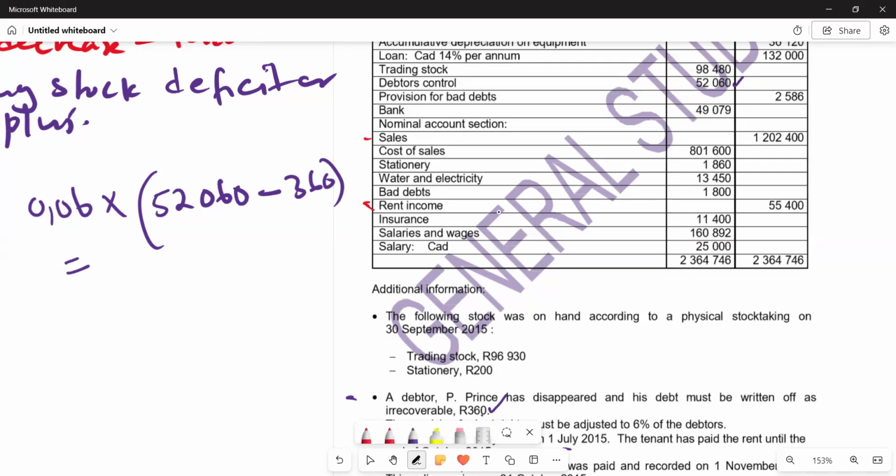When we calculate it, you are going to get 3,102. So here is the level of provision for bad debt for the current period. Then you compare it with the provision for bad debt for the previous period. That will be given in the trial balance.